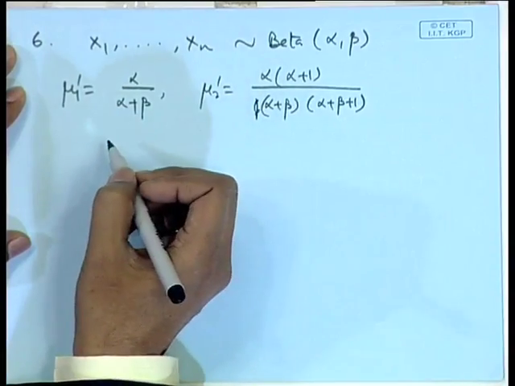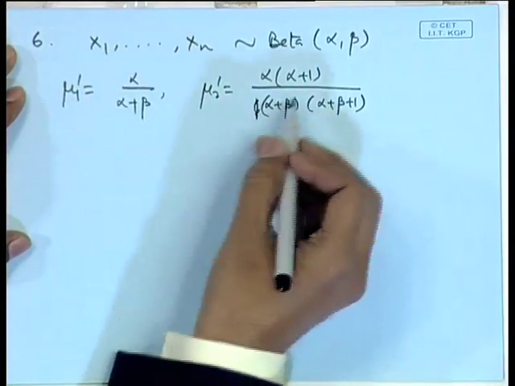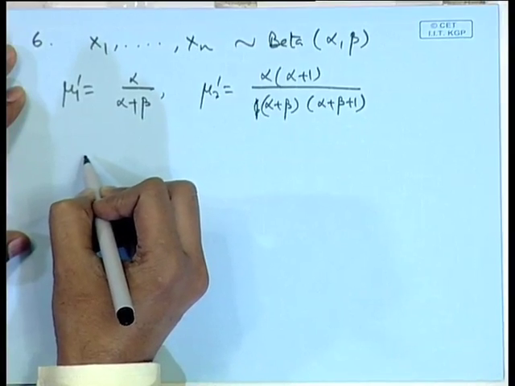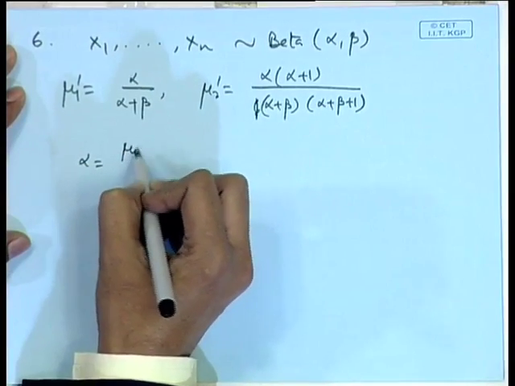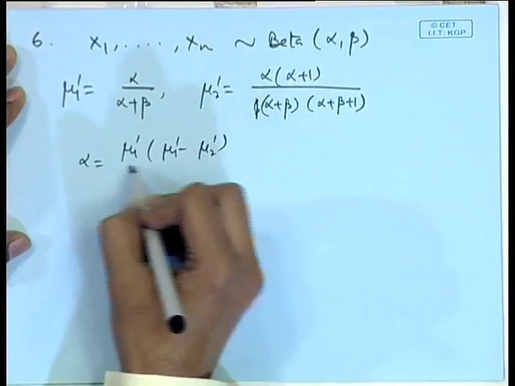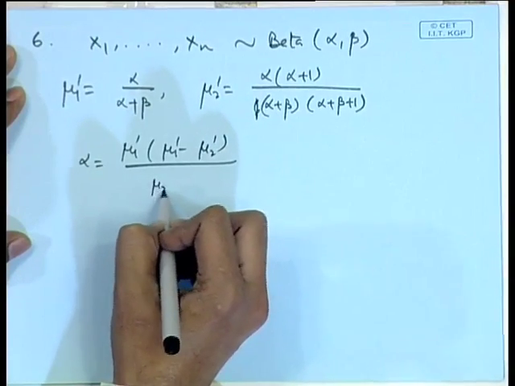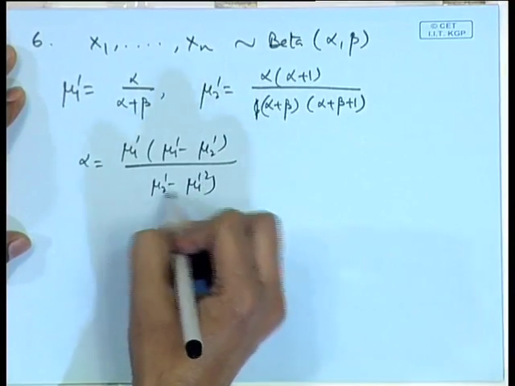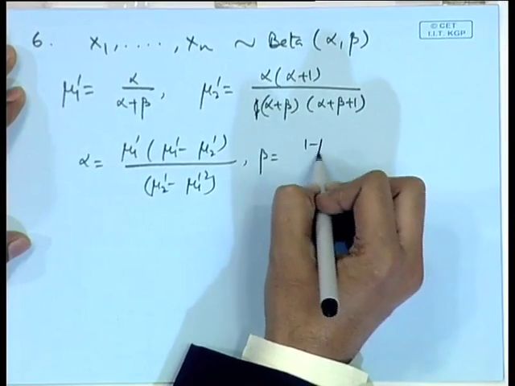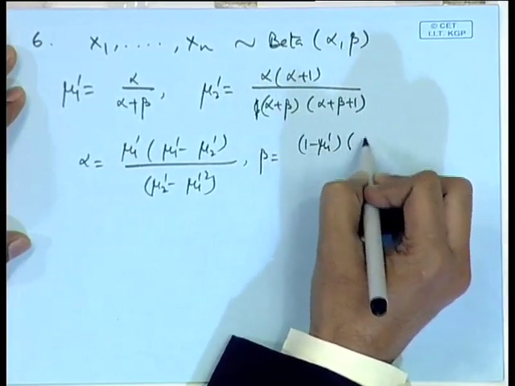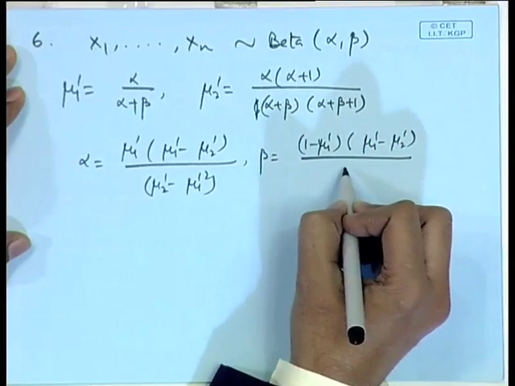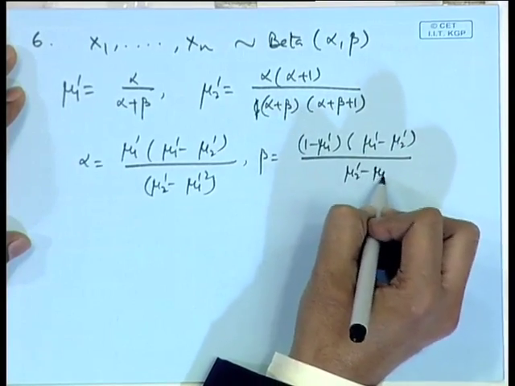Now, if we solve these equations, this is quite cumbersome, and the solutions turn out to be alpha is equal to mu 1 prime into mu 1 prime minus mu 2 prime divided by mu 2 prime minus mu 1 prime square, and beta is equal to 1 minus mu 1 prime into mu 1 prime minus mu 2 prime divided by mu 2 prime minus mu 1 prime square.